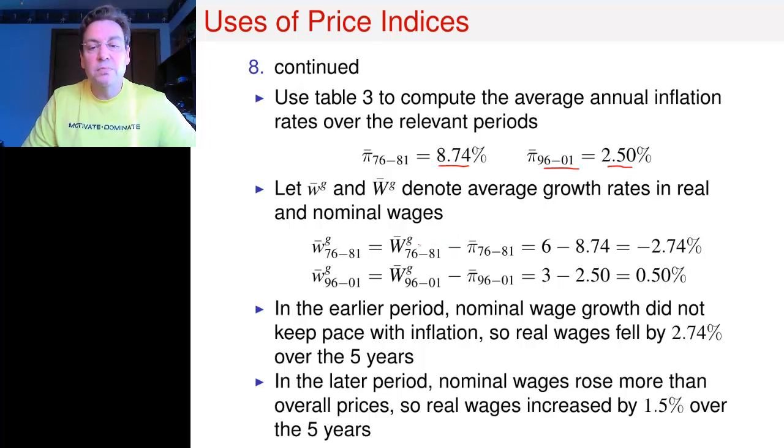So then we can compute: if the nominal wage growth from '76 to '81 was 6%, and from '96 to 2001 was 3%, what we can compute is that even though nominal wages grew by more in this early period, because inflation was so much higher, real wages actually fell by 2.75%. And in the later period, when inflation was much lower, nominal wage growth was also lower, but it still implied a positive growth rate for real wages.